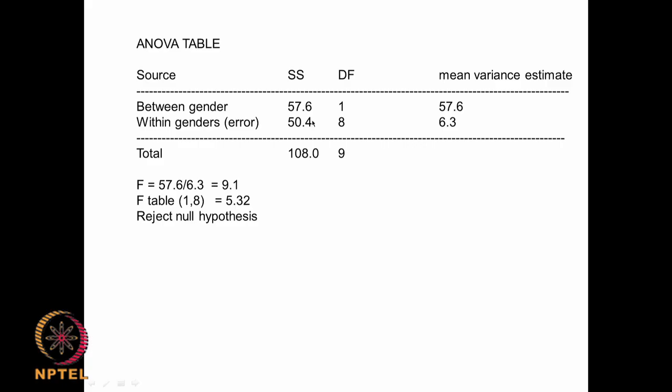I know how to calculate, I told you, divide by 8, I will get this. The F value is the ratio of this by this, and the F table value is 5.32 for 1 and 8 degrees of freedom. Then I compare the F table value with the F value calculated, and in this particular case I will reject the null hypothesis.